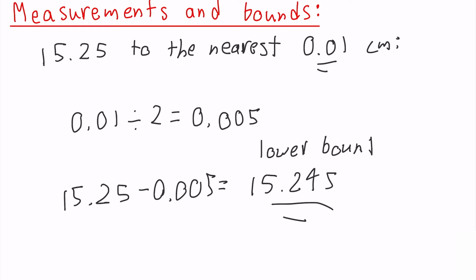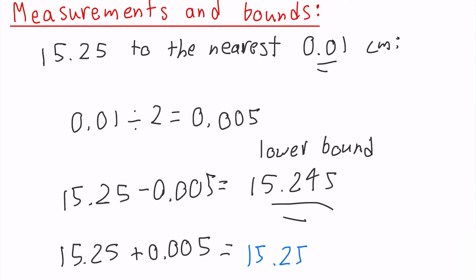To find the upper bound, we just do 15.25 plus 0.005, which equals 15.255.